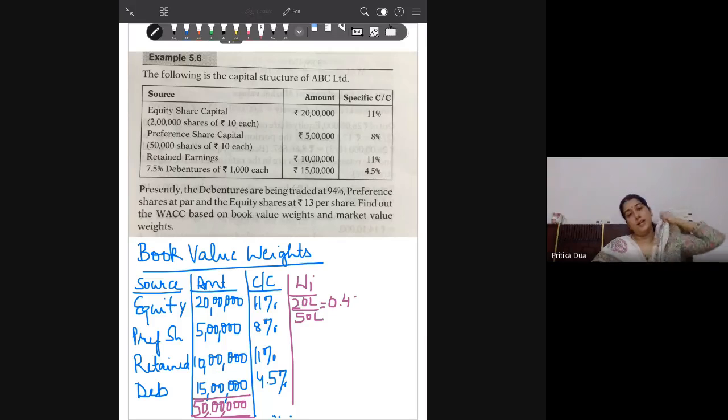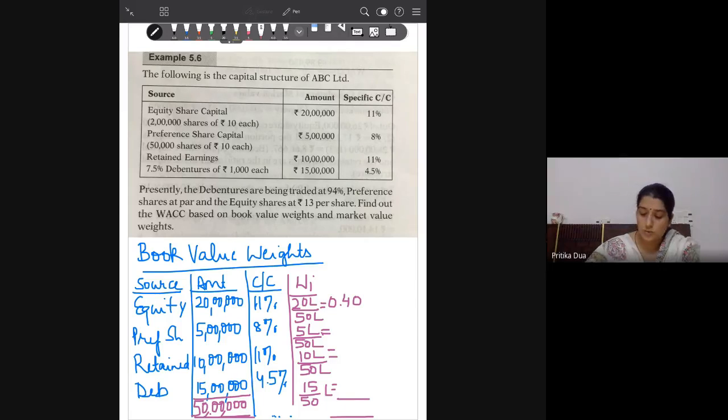Okay, similarly, you will calculate the value for preference shares, that will be 5 lakh by 50 lakh. For retained earnings, 10 lakh by 50 lakh. And for debentures, it will be 15 by 50 lakh. You will get the weights. The total for weights will always be equal to 1, and then after that you calculate the weighted cost for each source and add it up, you will get the cost of capital.